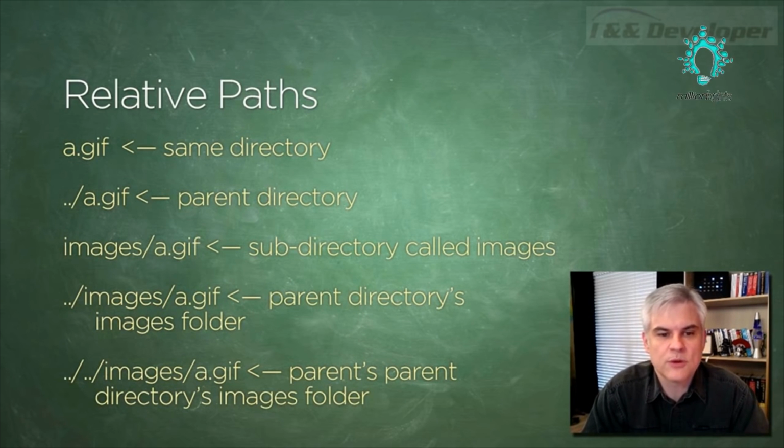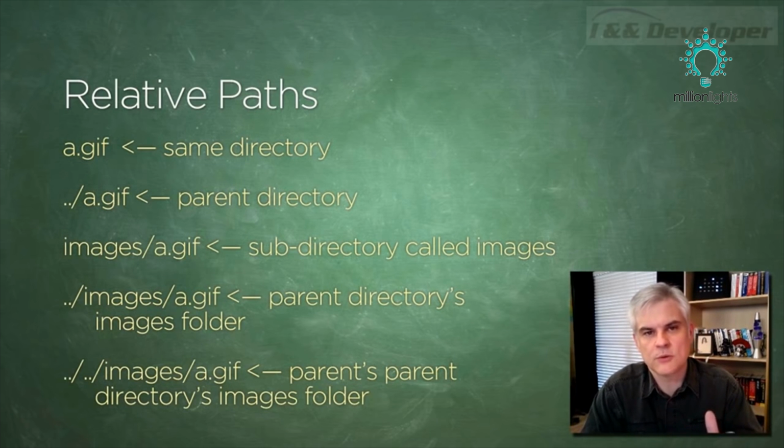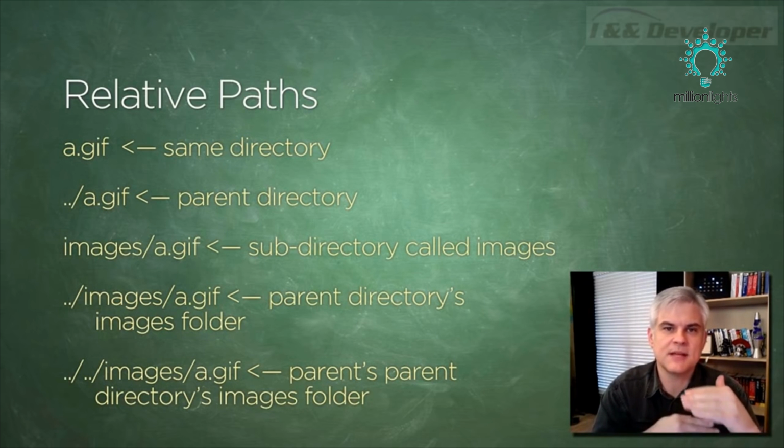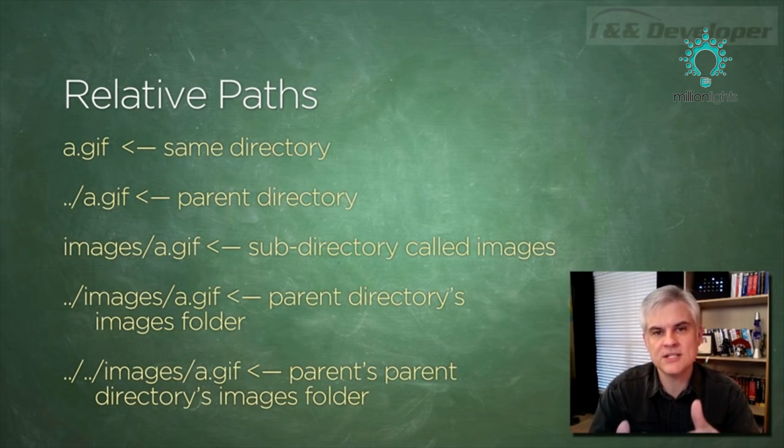And we saw this whenever we were referencing the subfolder, where we use subfolder/subfolder.html. Okay. But what if the images folder was, I guess, at the same level, a sibling to the current folder that we're in? So then first we need to travel to the parent directory, then travel to its subdirectory called images to find the a.gif.